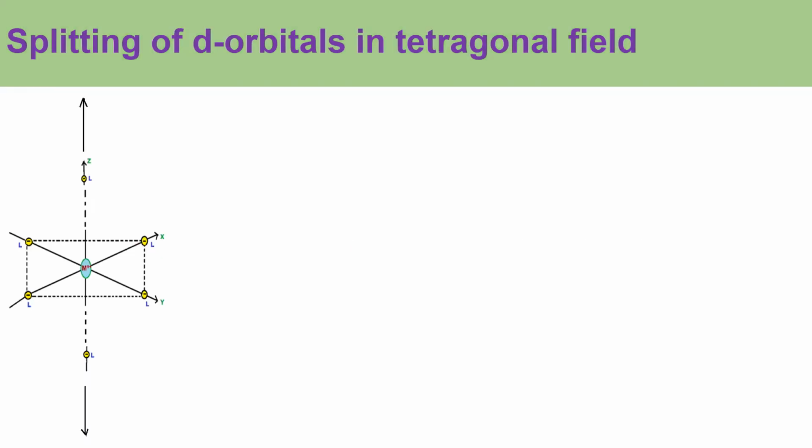Considering this splitting of d orbitals in a tetragonal structure, the more convenient way to express it is by starting with the splitting in the octahedral complex.